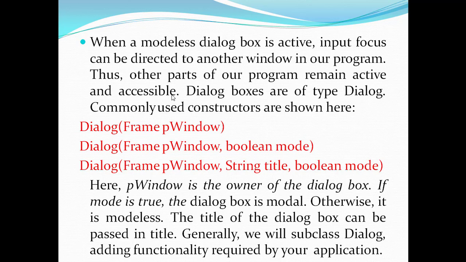Here boolean mode specifies a modal or modeless dialog box. Third constructor, Dialog(Frame parentWindow, String title, boolean mode). In this constructor, the string title is the title we can assign for this dialog window, and boolean mode specifies modal or modeless. These are the three constructors for Dialog.